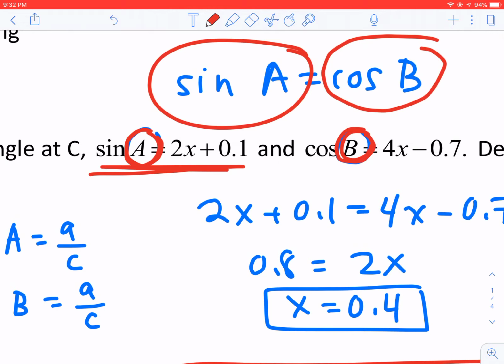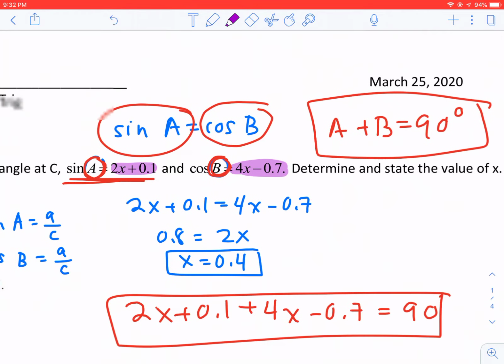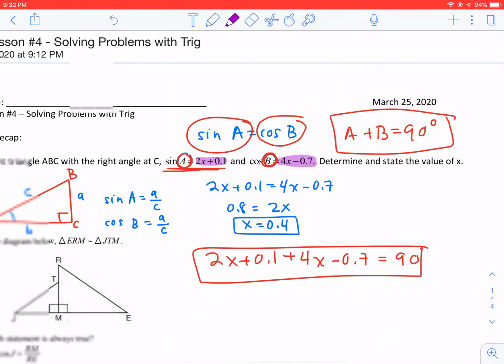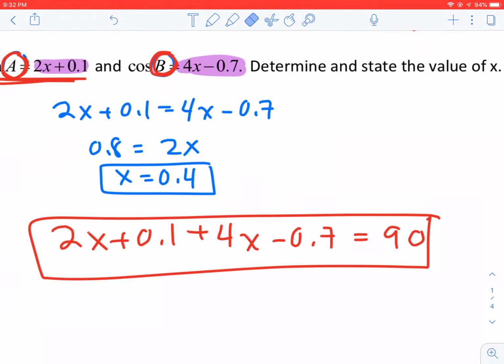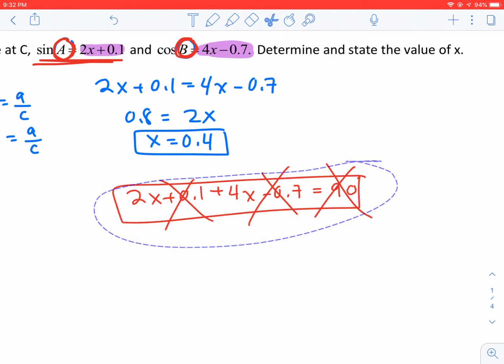So because the angles are complementary, the values of sine and cosine are going to be equivalent. So you set them equal to each other in this case. And that's the difference. So this here is a big no-no, and that is what pretty much everyone did.